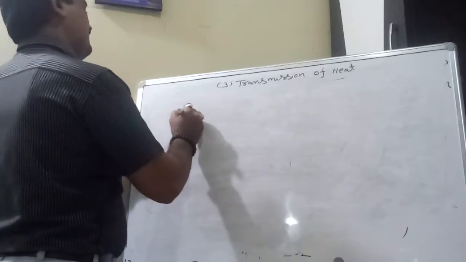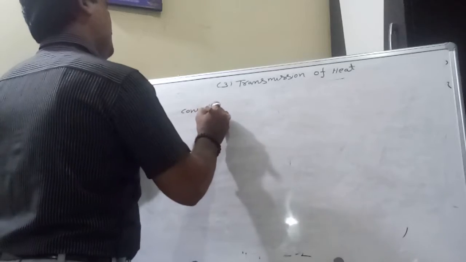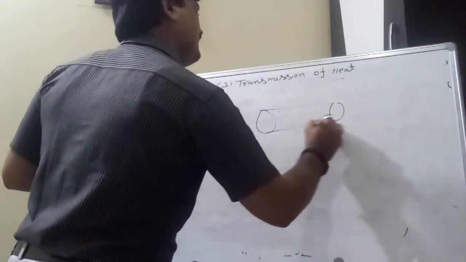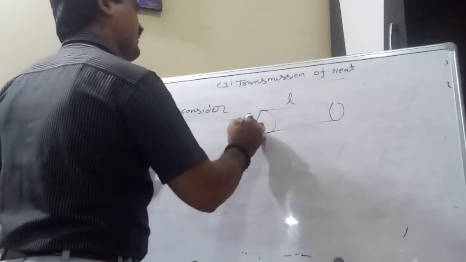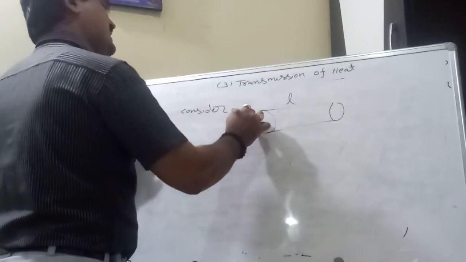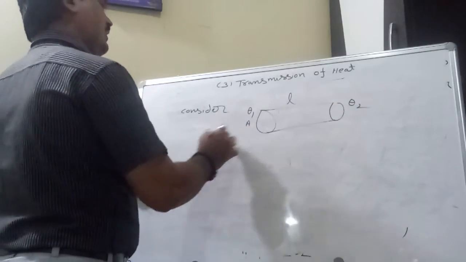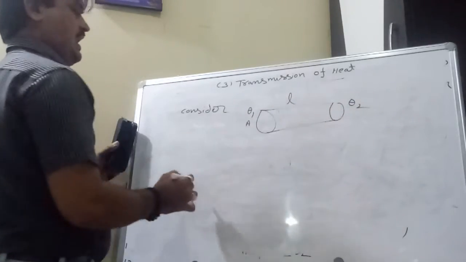Consider a rod. L is the length of the rod, A is the area of cross section, and the temperatures at the ends are theta1 and theta2. Heat transfers from one end to the other.